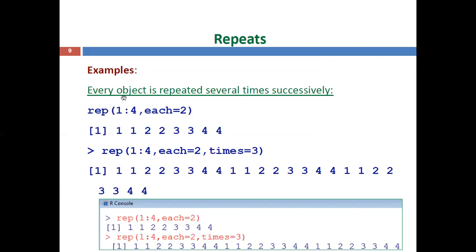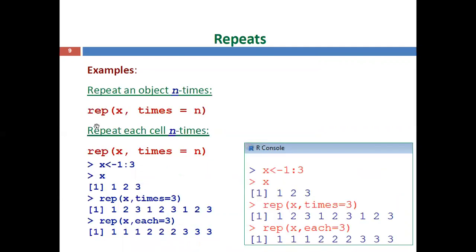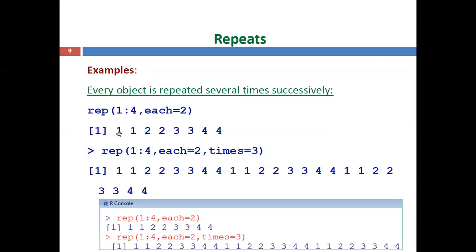That is each value in 1 to 4 is repeated 2 times: 1 is repeated 2 times, 2 is repeated 2 times, 3 is repeated 2 times, 4 is repeated 2 times.